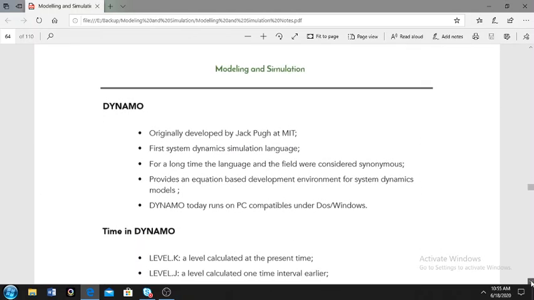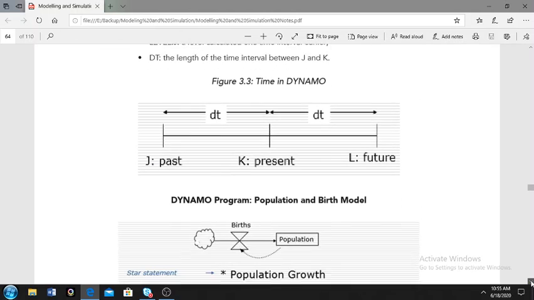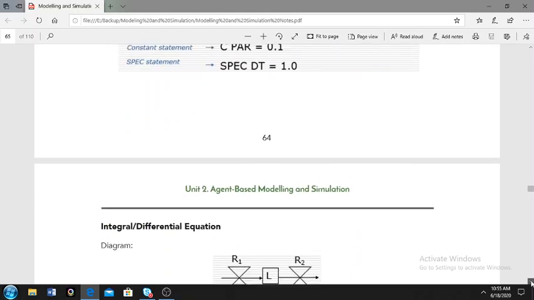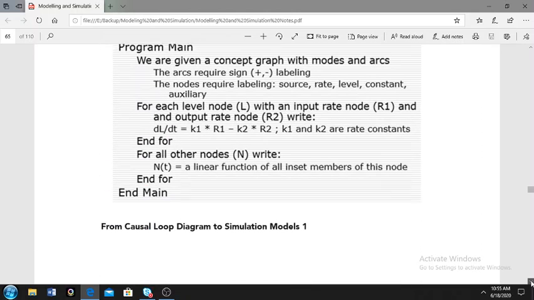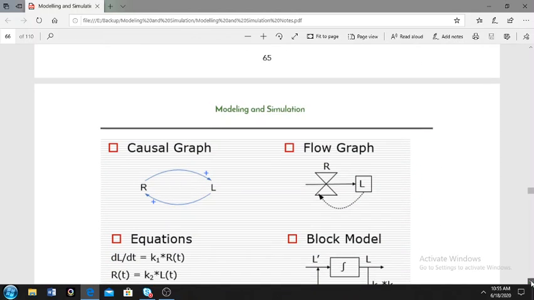Now, we don't use Dynamo. For us, we are going to use AnyLogic. So this math, we're not going to talk about.